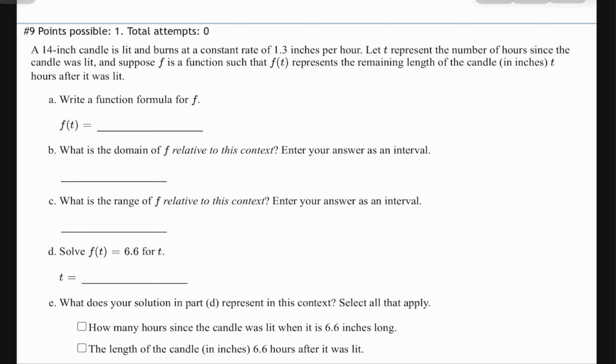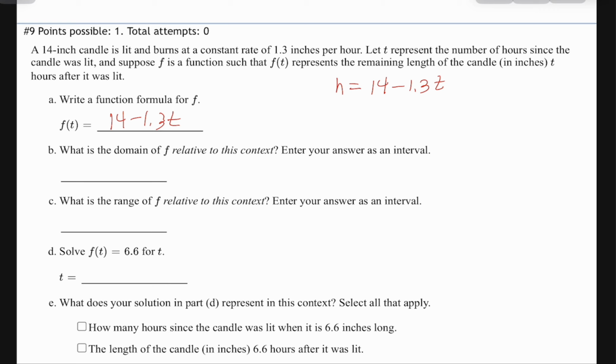So the function is going to be that the height of the candle at any particular time is 14 take off 1.3 t. That's for me. So that's the function they want here, 14 minus 1.3 t. Yours might be a little different, okay?